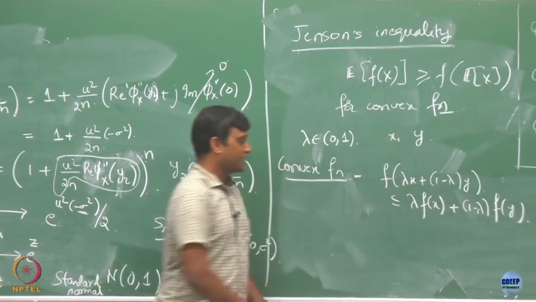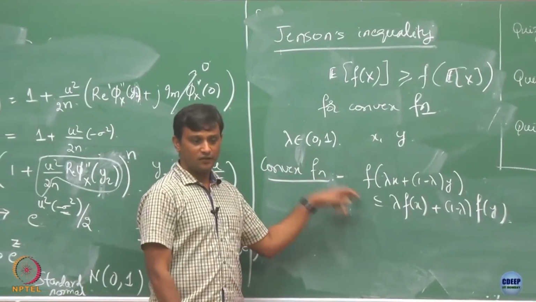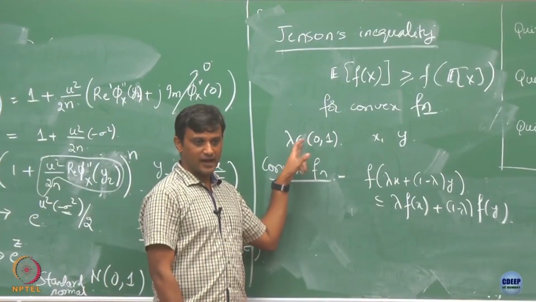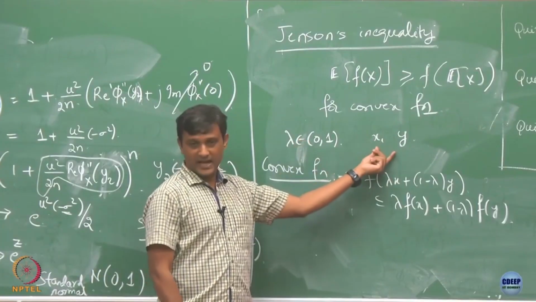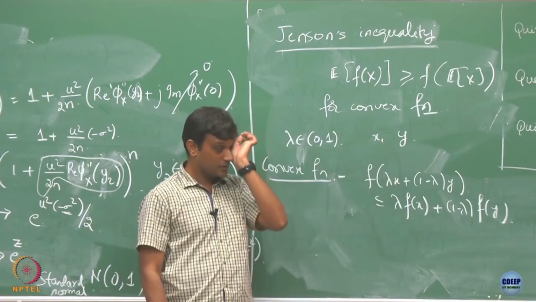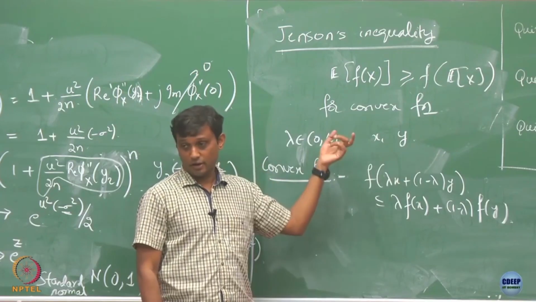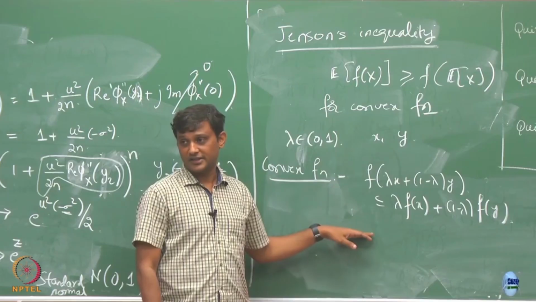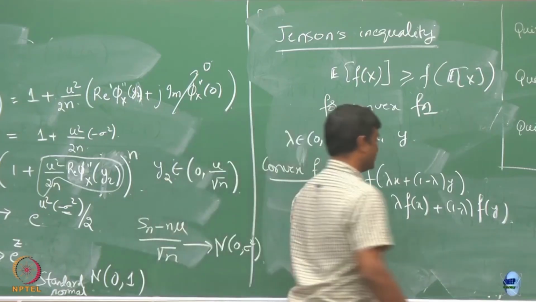If a function satisfies this for all lambda and x, y, where x, y are in the domain of the function, then we are going to call this a convex function. So how does a convex function look?